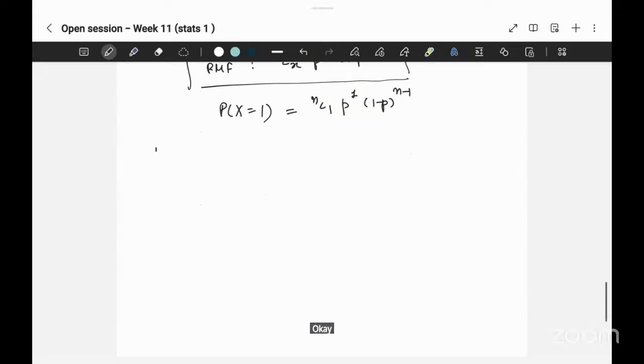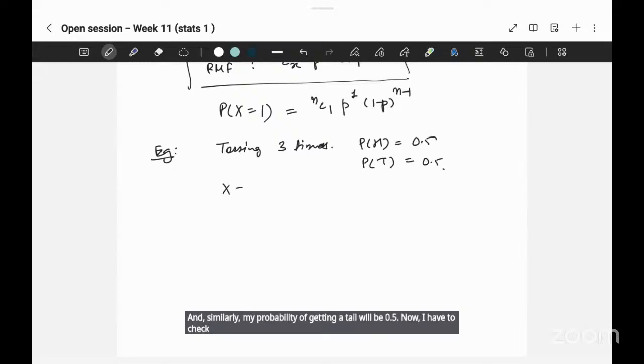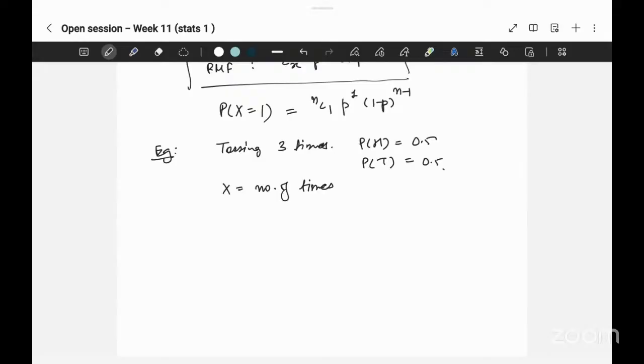Let's suppose I'm tossing a coin three times, and the probability of getting a head is 0.5. Similarly, my probability of getting a tail will be 0.5. Now my x is the number of times a head occurs. So what is the probability that my x equals 2?